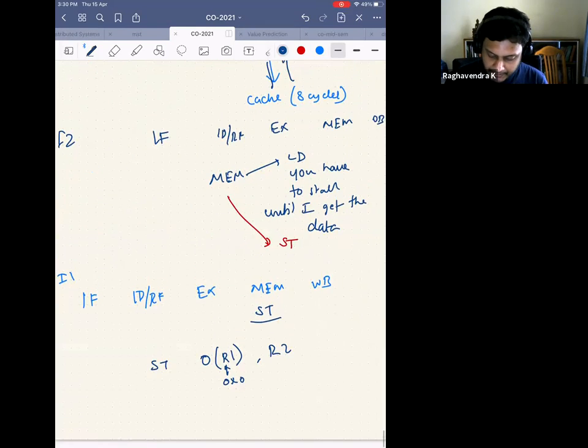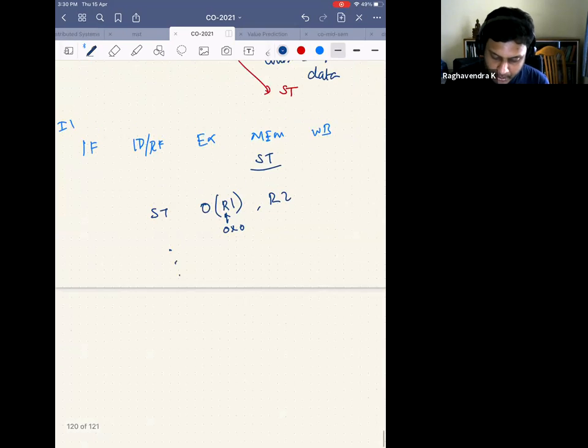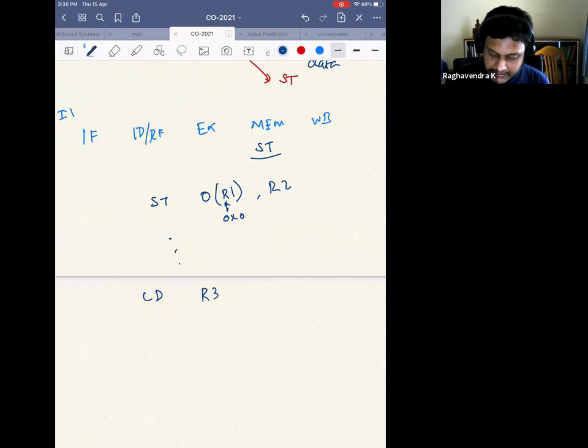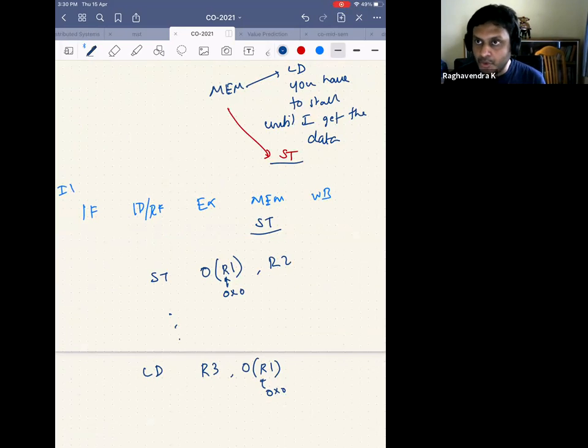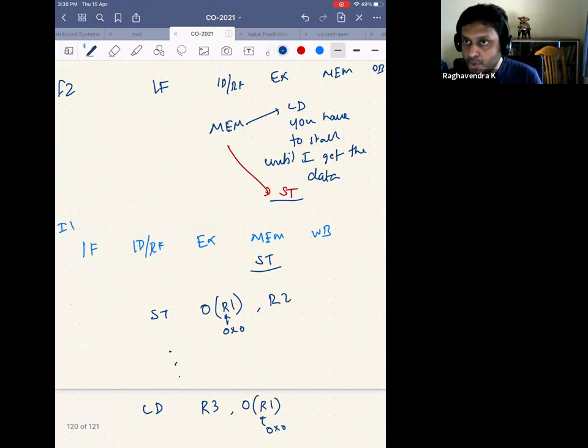And at some point in the program, you did a load, R3, 0, R1, which was still 0x0. Now you are again loading back from the main memory location 0. But if you had forgotten the store, you would get some junk value. You can't do that. So now, if I ask you, should the store wait for the memory operation to complete? Is your answer yes or no?